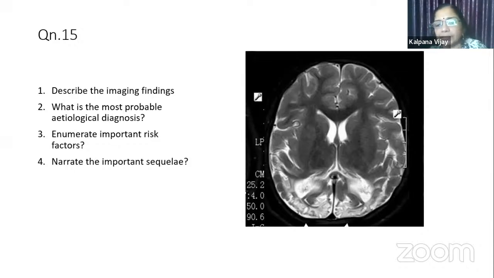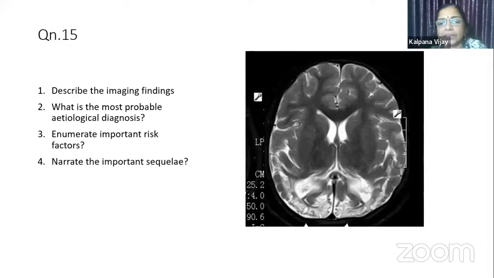Cortical blindness is one. Then visual field defects can occur. What else? The parieto-occipital area is the area for attention, so you will have attention deficit hyperactivity disorder. Then seizures are very, very important.